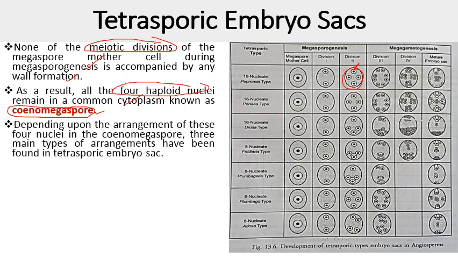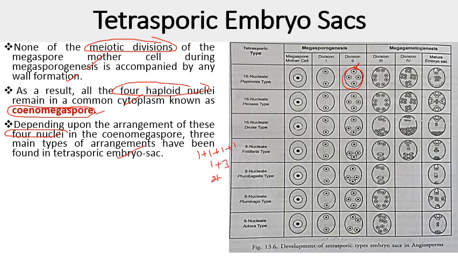So depending upon the arrangement of these 4 nuclei in the coenomegaspore, 3 main types of arrangements have been found in Tetrasporic Embryo Sac. 3 तरह की arrangement हैं, that is 1 plus 1 plus 1 plus 1 arrangement. Then the second one is 1 plus 3 arrangement, and the last one is the 2 plus 2 arrangement.